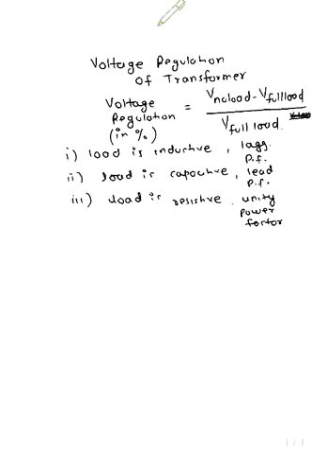So first we will see when the load is inductive, or lagging power factor mode. In the lagging power factor mode, we can now make a circuit diagram of the transformer, which shows the primary and secondary.